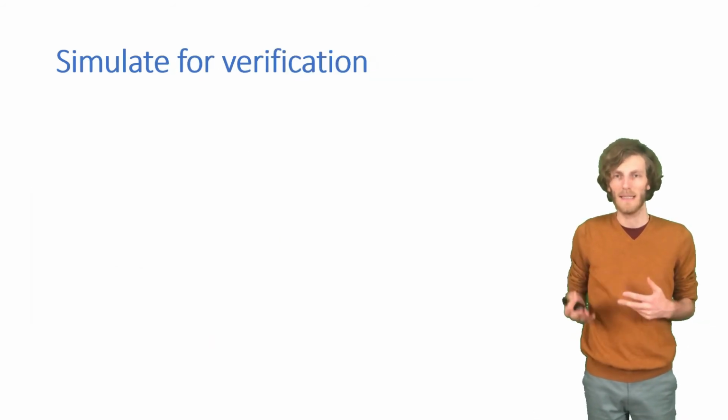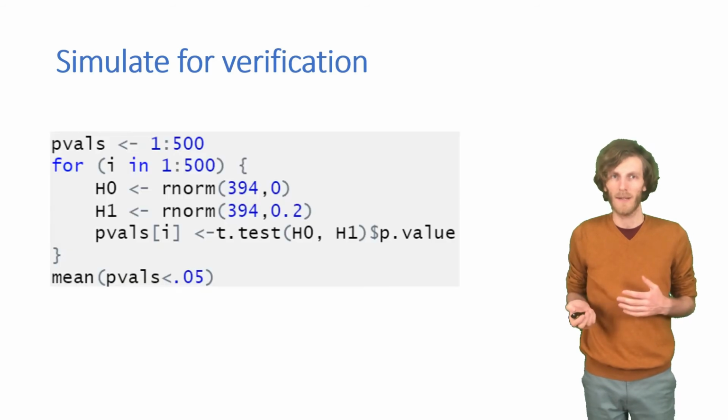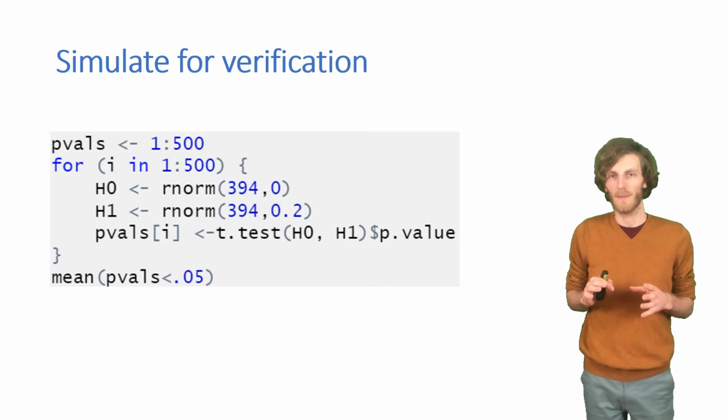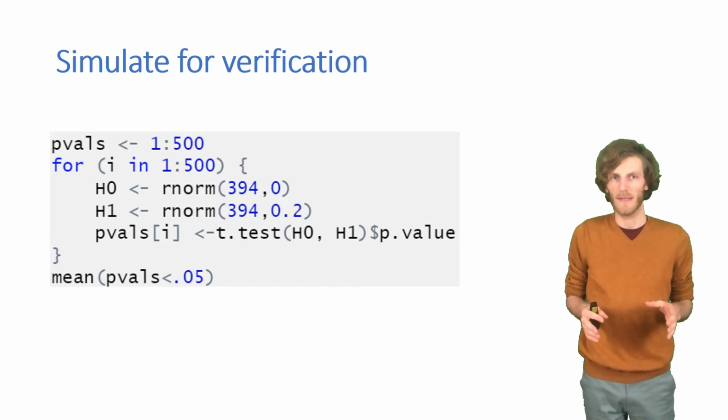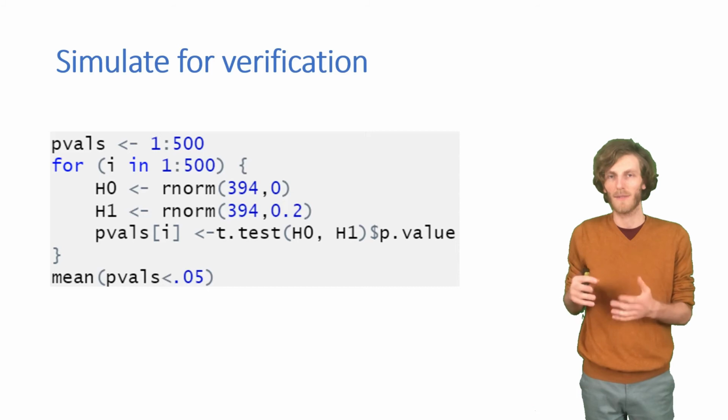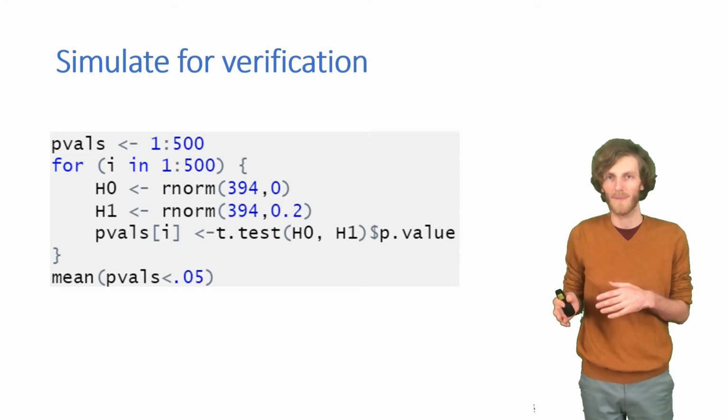Well, we can simulate it for verification, so we can go the other way around. Here I'm basically simulating 500 samples under the null hypothesis, when there is no difference, and 500 samples under the research hypothesis, when there's a difference of 0.2 standard deviations.